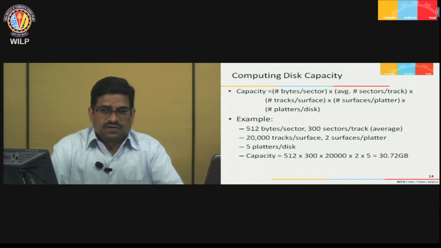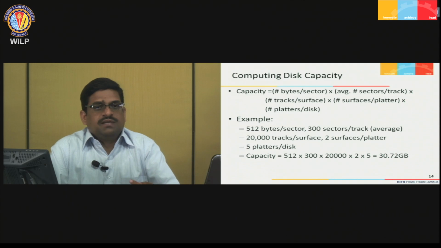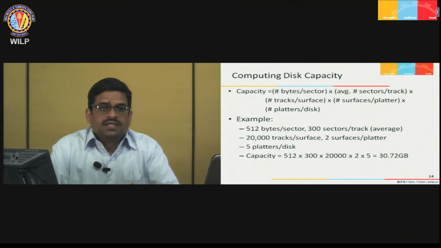So, for example, I have 512 bytes per sector, 300 sectors per track. In a single zone it is fine, but for multiple zones we have to take the average, because in a multiple zone disk the number of sectors is different on each track. That is why usually the average term is used.